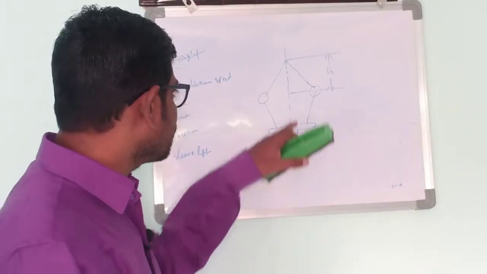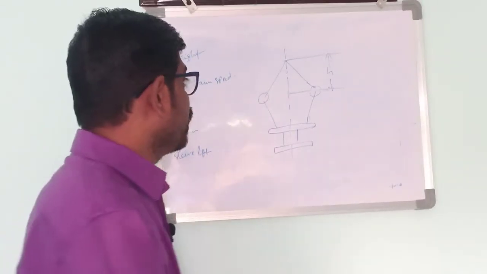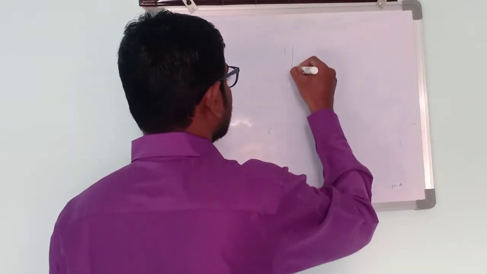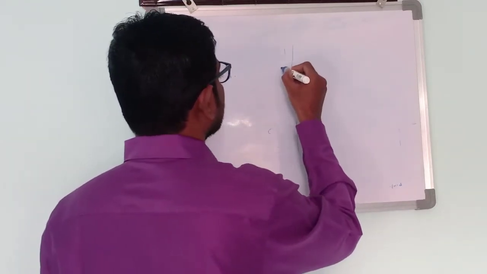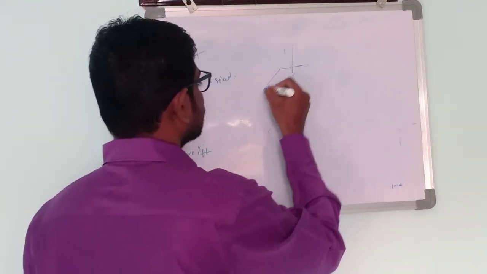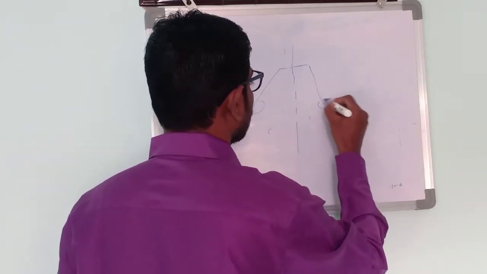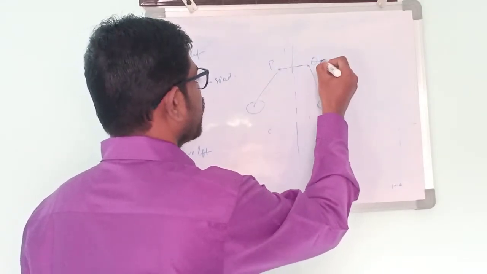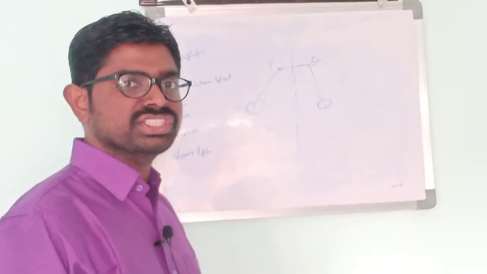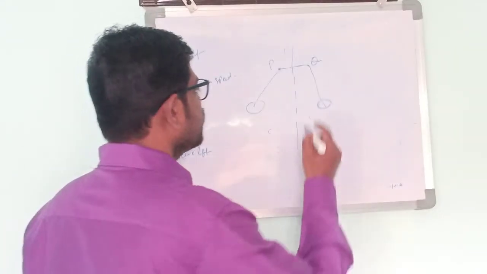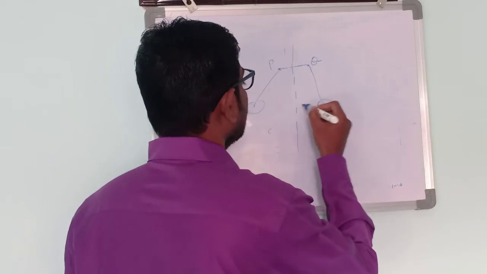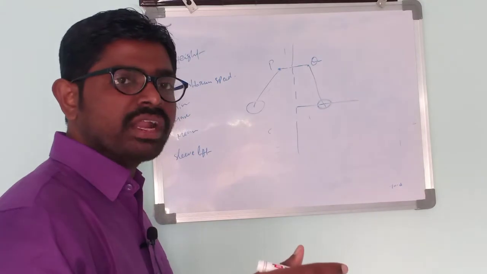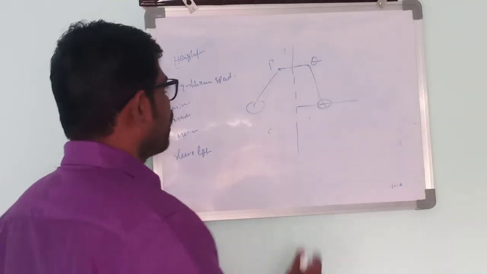Sometimes the design of the governor may change. For example, take this as the axis, and the two balls are like this. It means it is not pivoted; it is offset. The design is changed. In such a case, the height of a governor is the vertical height from the center of the ball to the point where the two arms intersect on the spindle axis.